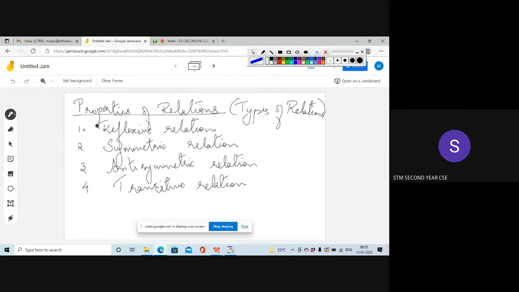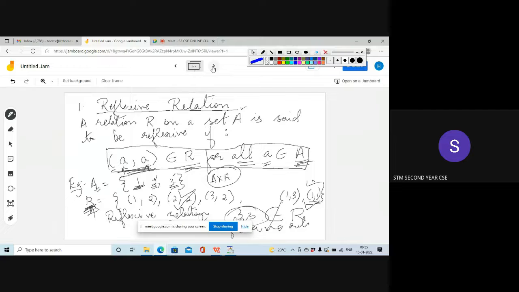The first one is reflexive property, next is symmetric property, then anti-symmetric and transitive. Yesterday we had discussed what reflexive property is, and if a relation satisfies reflexive property, we call it a reflexive relation.